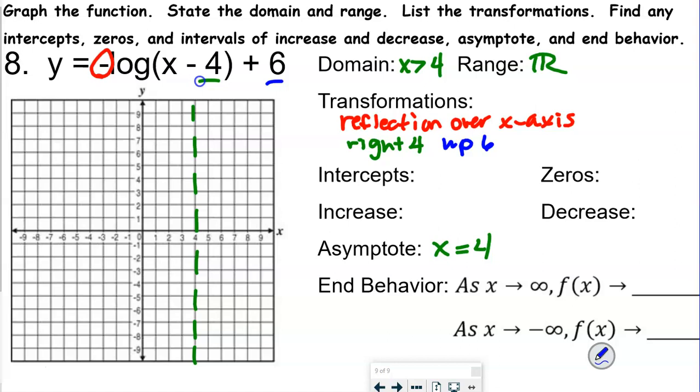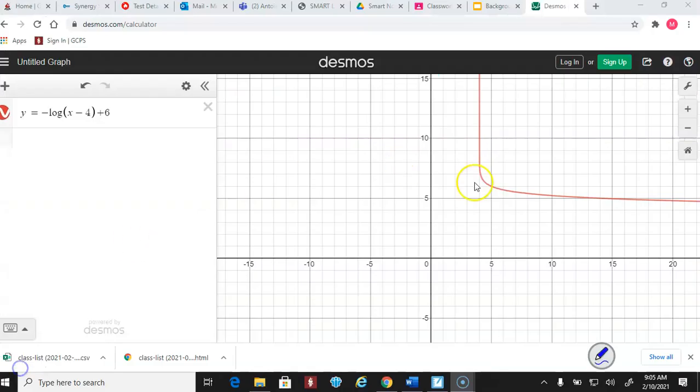So this graph, again, let's look at it on Desmos. So here's the graph of this one, and you notice that, again, we got an asymptote of 4 here, and then it's going out to the right. This one is falling from left to right, and again, that's because it's a reflection over the x-axis. So if we look at 10 over here, we're at 5.2.